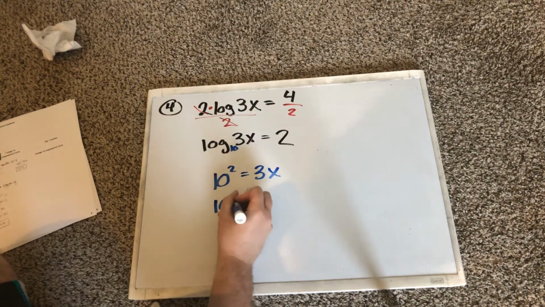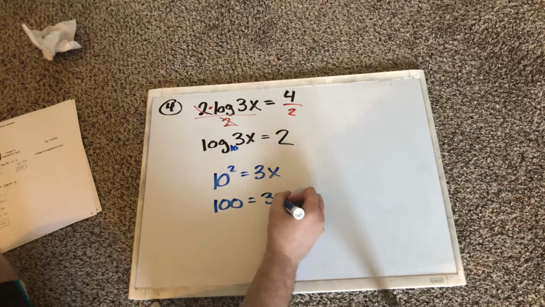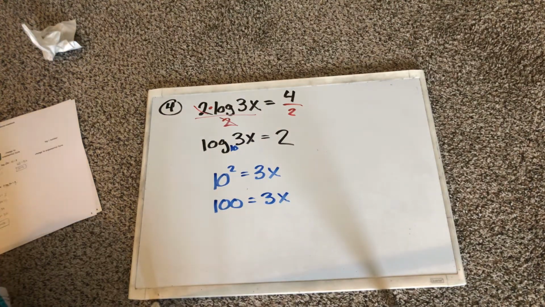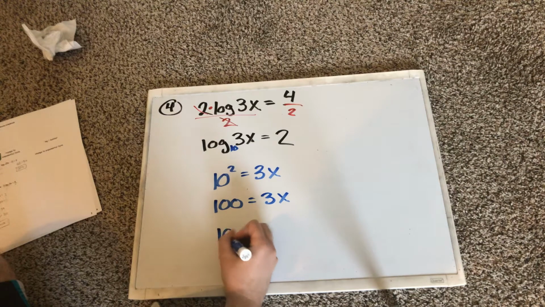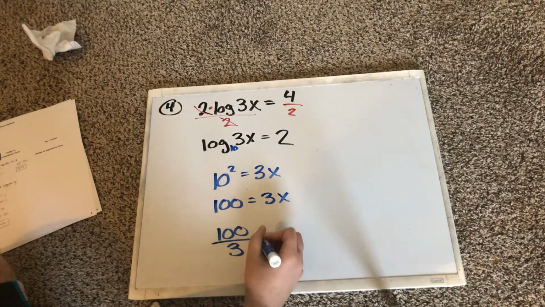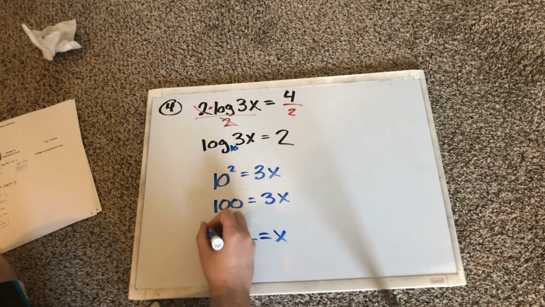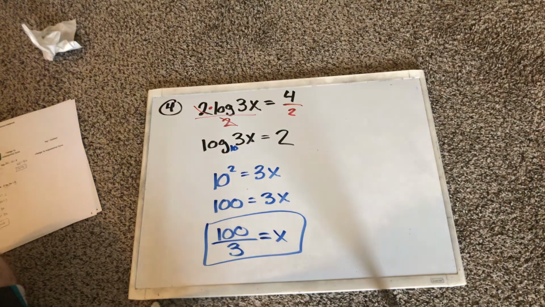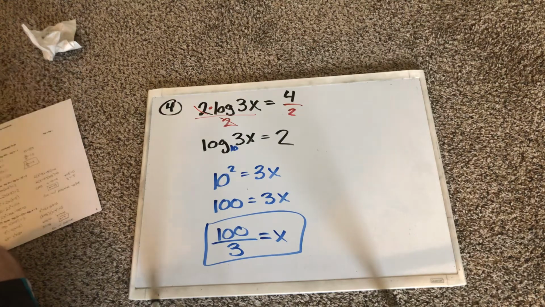Well, 10 squared is 100, so 100 is equal to 3x. Divide both sides by 3, and I get 100 over 3 is equal to x. Fractions are fine. Fractions are your friends. All right.